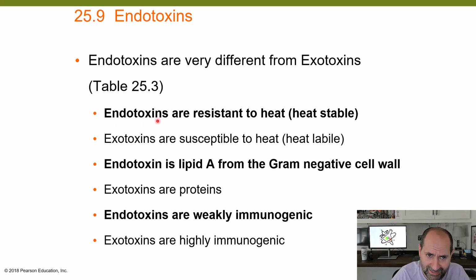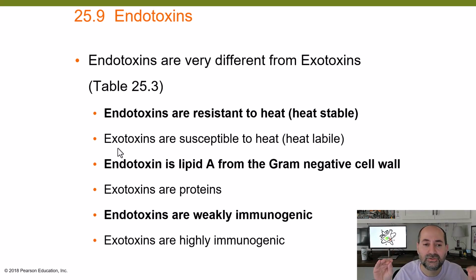So I want you to know endotoxins are heat stable, while exotoxins are heat labile. They are susceptible to heat. Why? Because exotoxins are proteins, which means that they come from genes, right? The microbe has the gene. The gene undergoes gene expression to make the exotoxin.